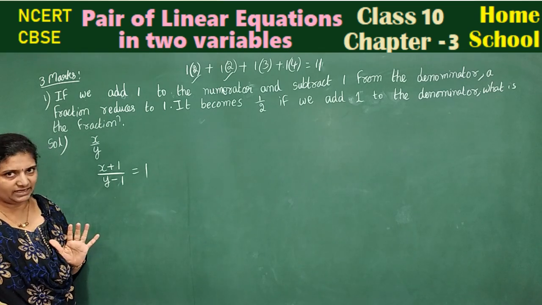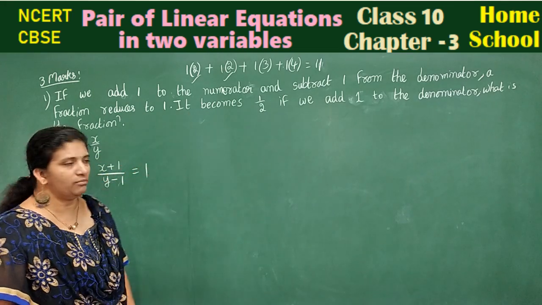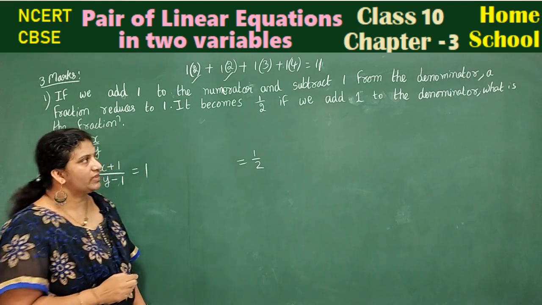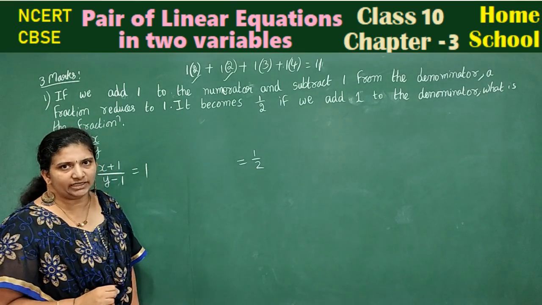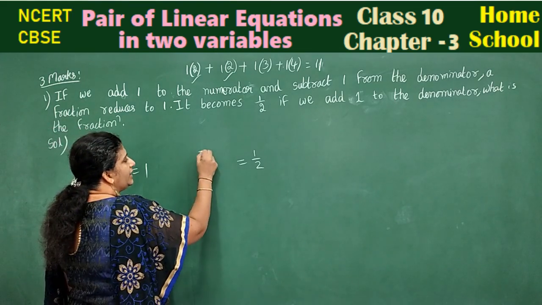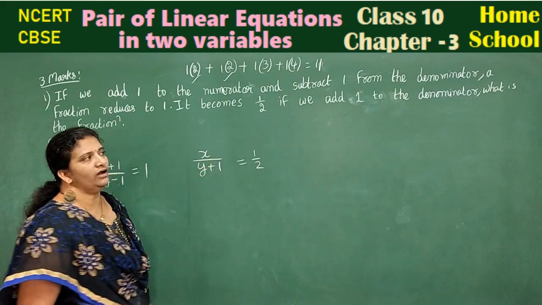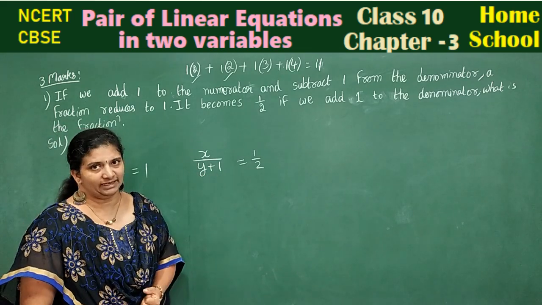First case is ready. Now read the second one. It becomes 1 by 2 if we add 1 to the denominator. x by y, only the denominator I am talking about here. Add 1 to the denominator. This is your second case.